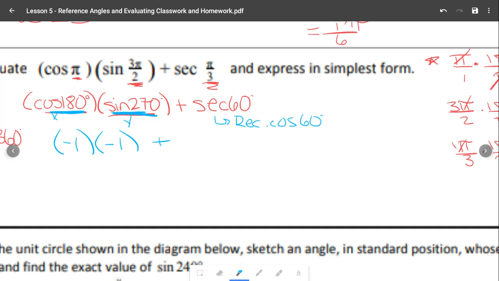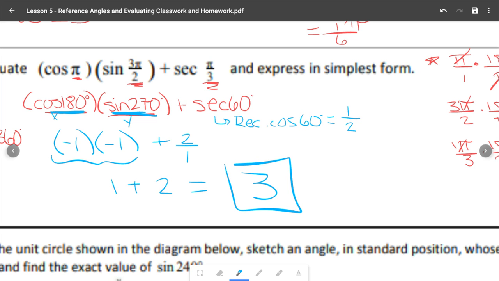So we need to find cosine of 60 degrees. You're going to use your chart for that. So cosine of 60, you should see is 1/2. So taking the reciprocal, we get 2 over 1, or just 2. -1 times -1 is 1. Plus 2, you should get 3 as your final answer.